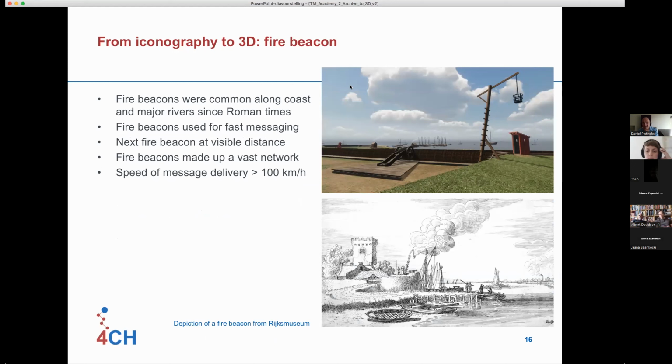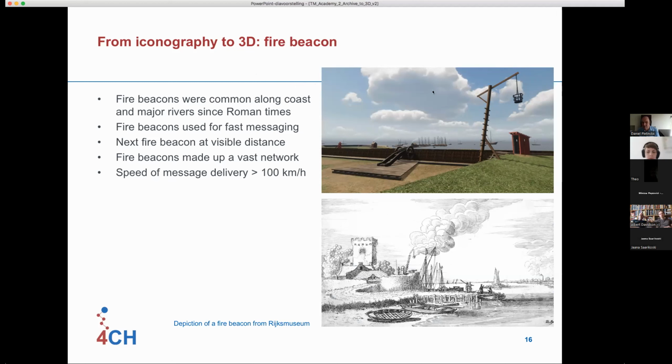One of the things that they had, and which is described in a lot of detail in the text sources, is what they call a fire beacon. On one of the bastions, they had this structure, an iron basket, let's say, in which they could burn fire.